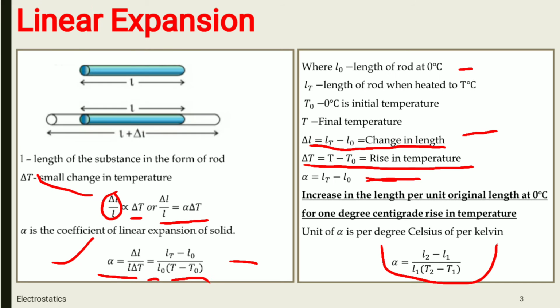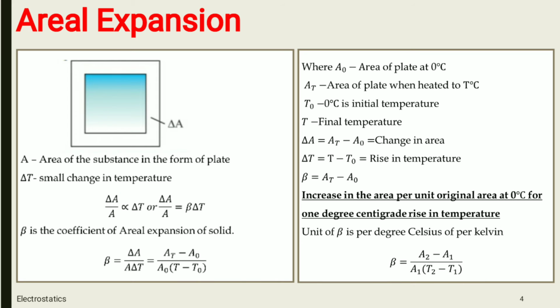Here alpha is the coefficient of linear expansion, and beta is the coefficient of areal expansion of the solid. By rearranging the above equation, if you take delta T to the other side, what do you get? Beta is equal to delta A divided by A into delta T.